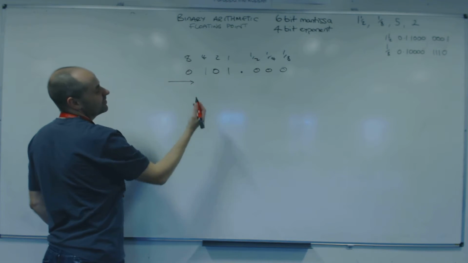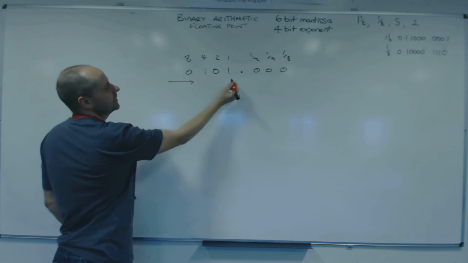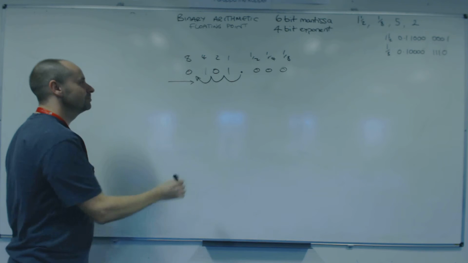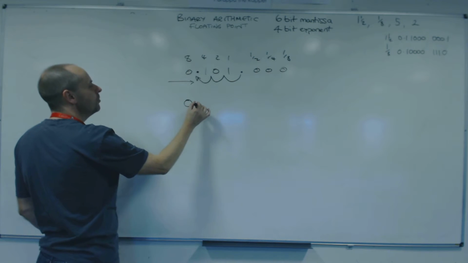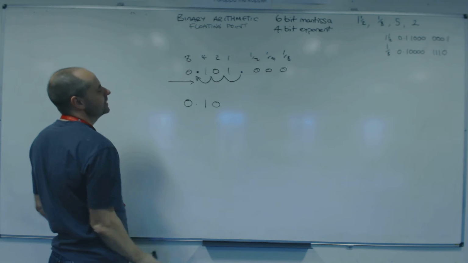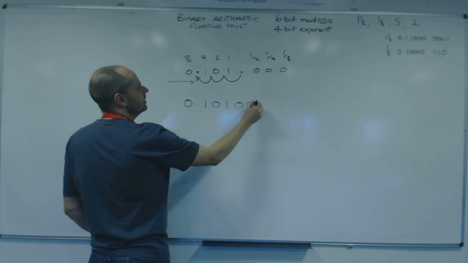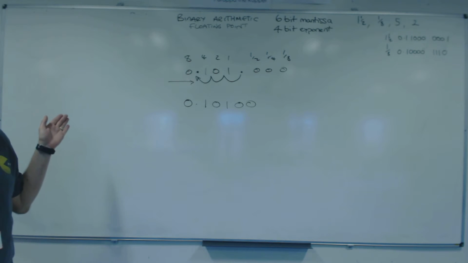Looking from this direction, I've only written 1 0 at the front, so that's where we're going to start. So I need to move the binary point 1, 2, 3 positions, put it there. So my exponent is going to be 0.1, my mantissa is going to be 0.11, and then 2 zeros. I can't have all of them, I've only got 6 bits.